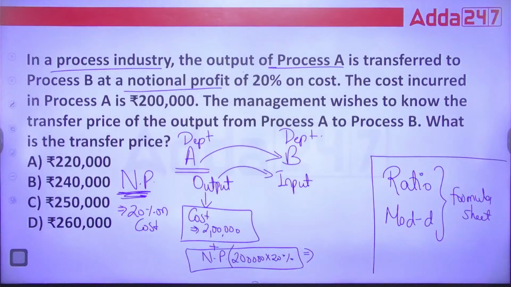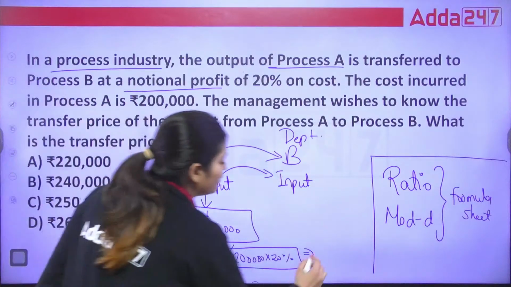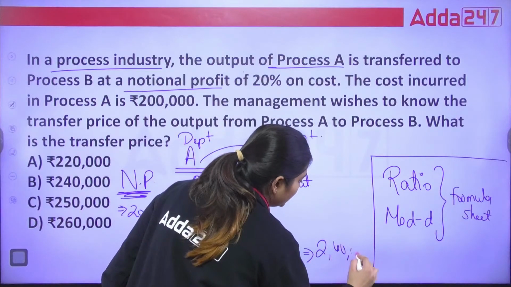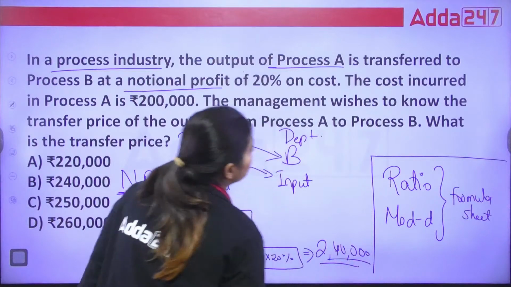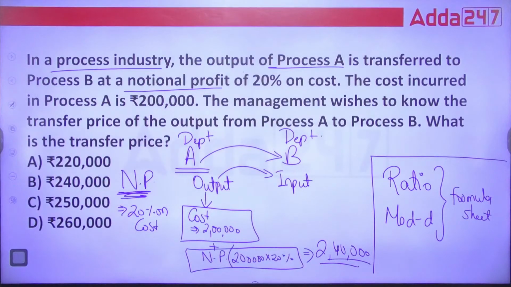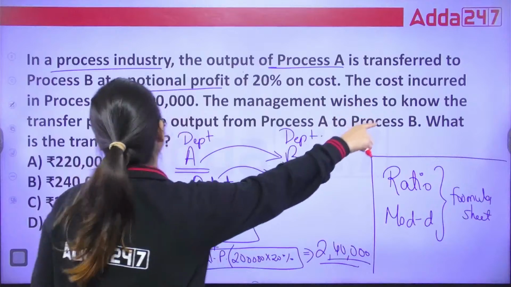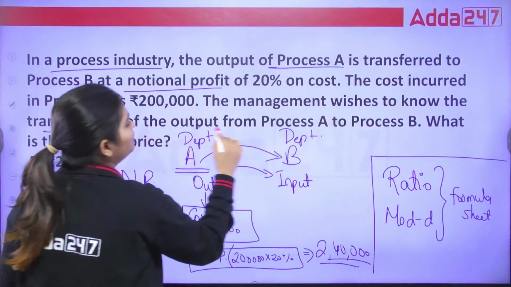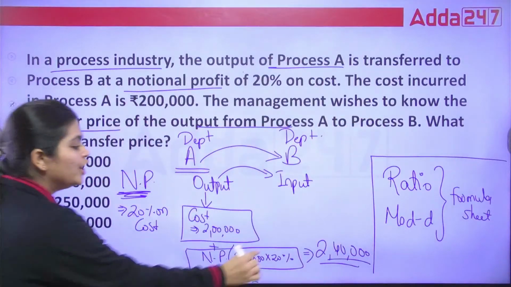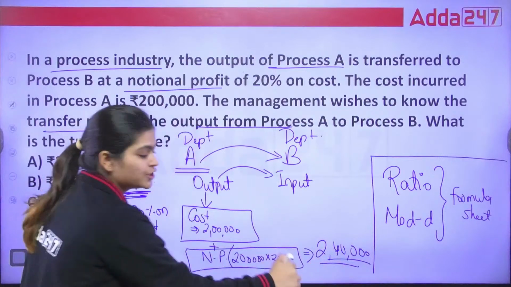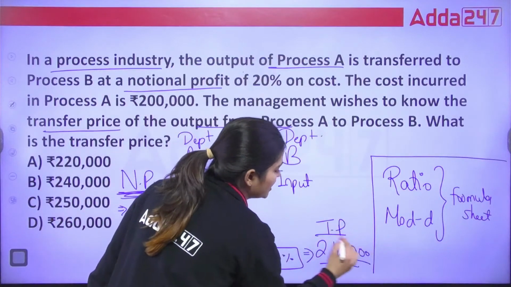Finally, what is the amount? That is 2 lakh 20% plus 2 lakh, so 2 lakh 40 is your final answer. So the transfer price of the output from process A to B is your 2 lakh 40. This is your transfer price.